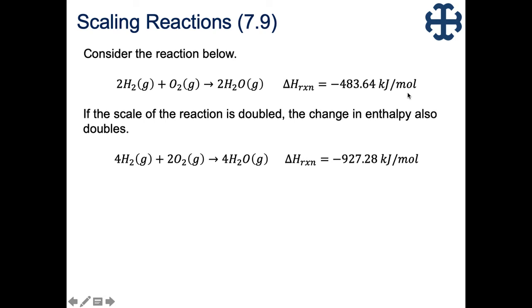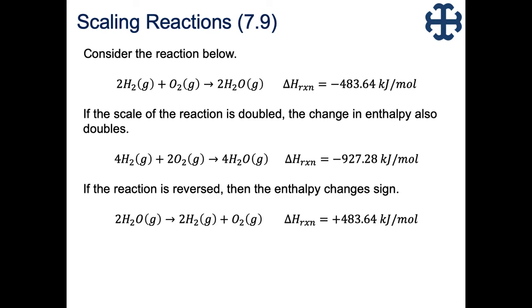Okay? If we were to double the scale, so if we were to multiply all of our coefficients in this first reaction by 2, that would also double the amount of heat that would be released. That should make some logical sense: if we have more stuff to burn, in this case more hydrogen gas to burn, that is going to ultimately release more energy, right?